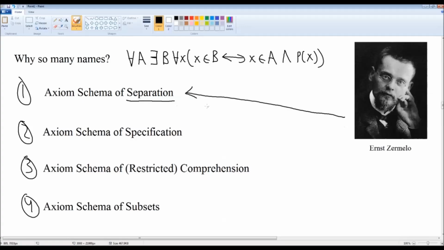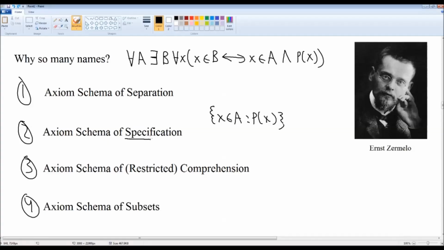The intuition is that by taking a subset, you're separating the elements that you want from the rest of the elements of the set. The name specification has a similar meaning. The idea here is that you have a set A and you're specifying which elements you want.